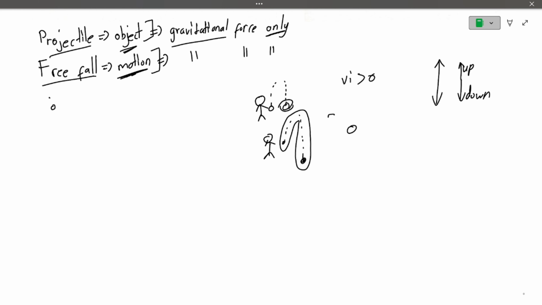When you throw it up, the only force acting upon it is gravitational, which means that at any point of that motion, if you draw a free body diagram of all the forces acting on that ball, the force will be Fg only. And we know Fg equals what? 9.8 meters per second squared.